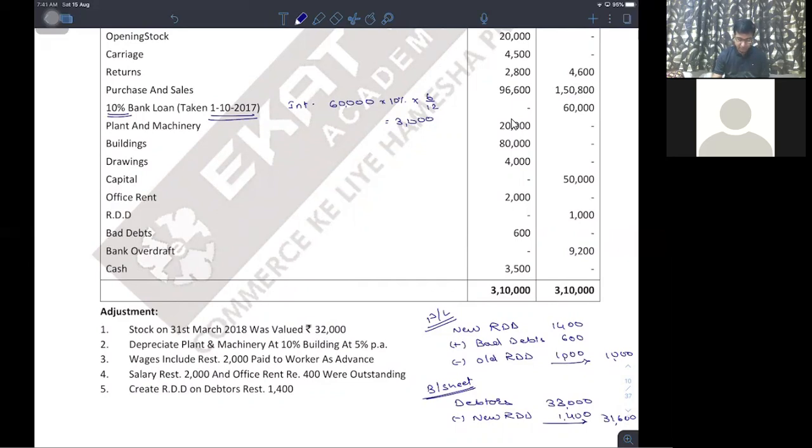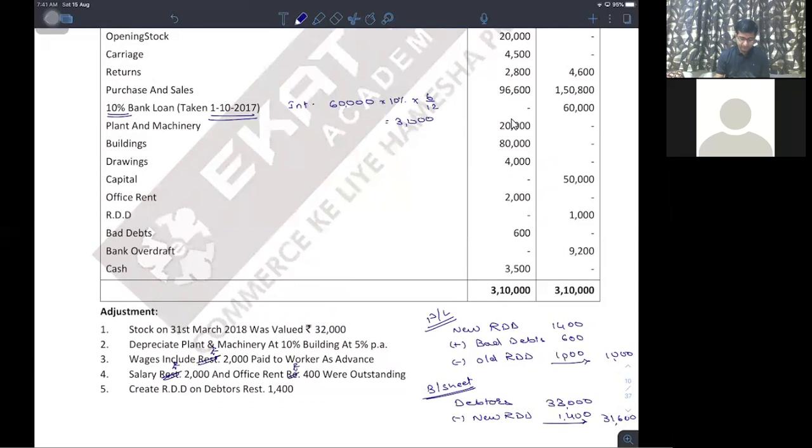Wages include 2,000 paid to worker as advance. So it is prepaid wages, 2,000. This is not Rs, it is in fact rupees. That used to be the sign for rupees.